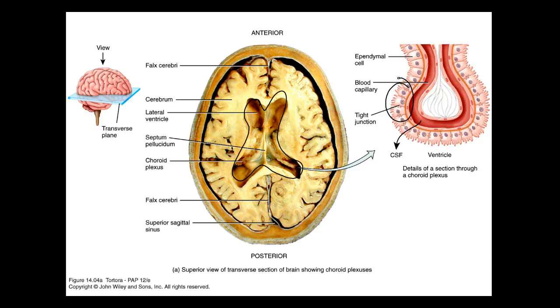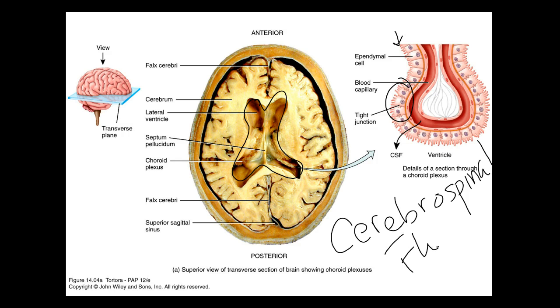The ependymal cells have these microvilli and cilia, and they help aid in production of your cerebrospinal fluid, also known as CSF. So the ependymal cells help produce as well as circulate the cerebrospinal fluid. The ependymal cells are found lining the ventricles of the brain.